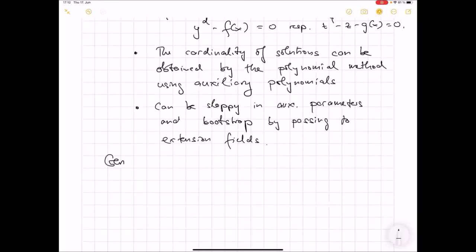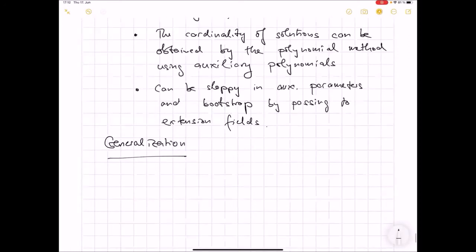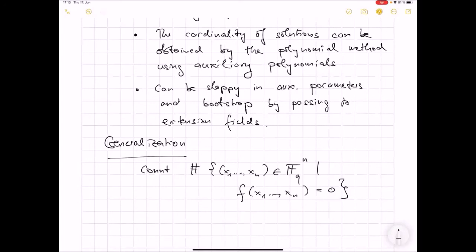So, generalization: count the number of x_1 up to x_n, so you can look at n-variable polynomials in F_q^n, such that f of x_1 up to x_n is 0. This is of interest, for instance, if you have multidimensional character sums, then of course you need also polynomials in more variables. And this becomes, of course, more complicated.